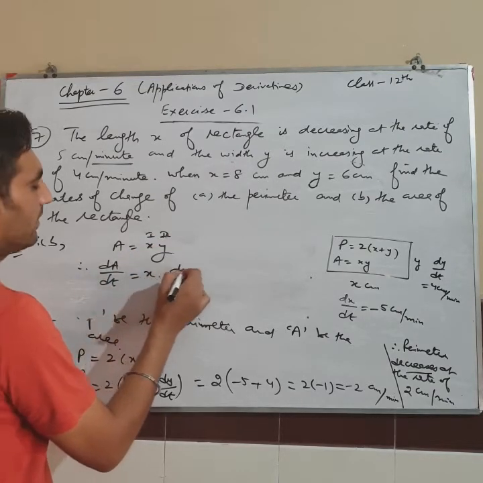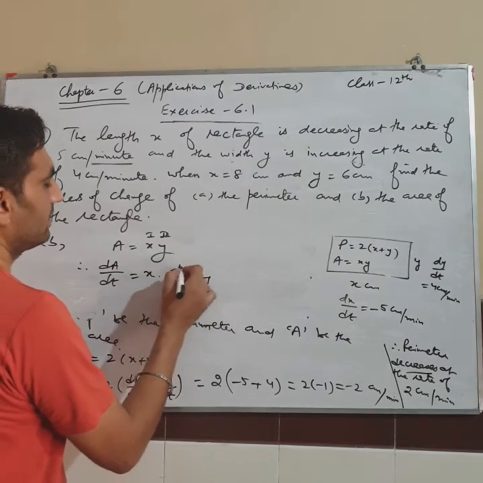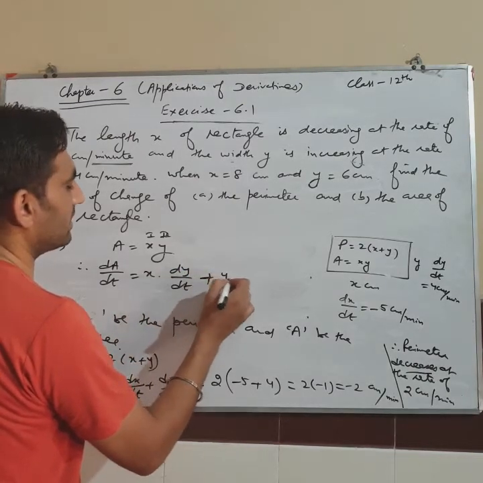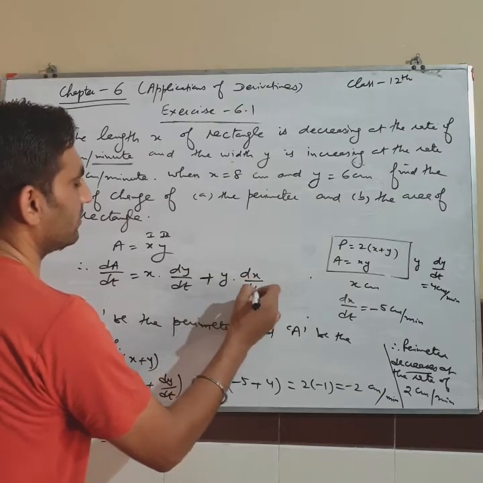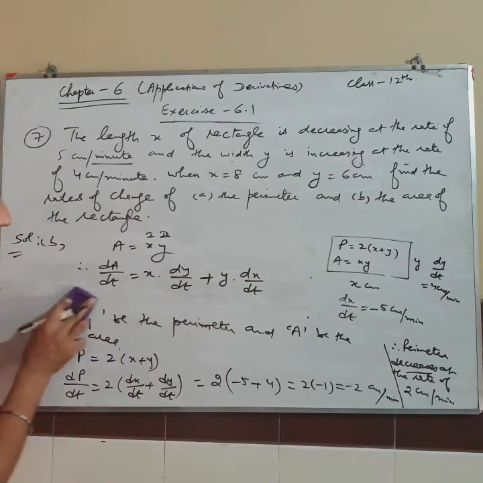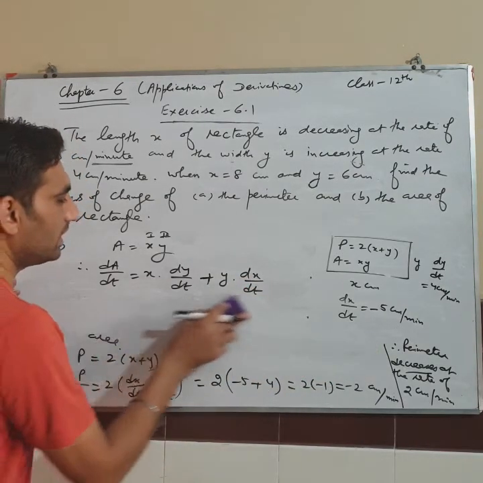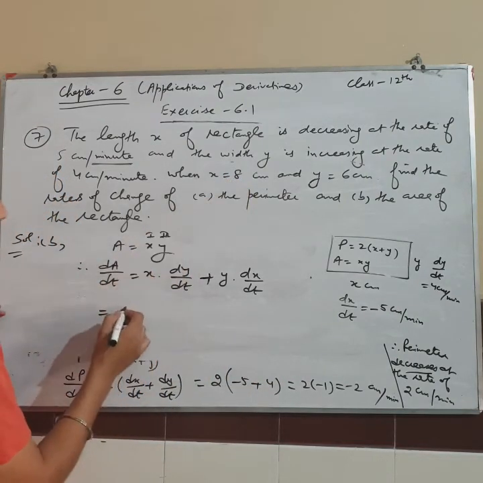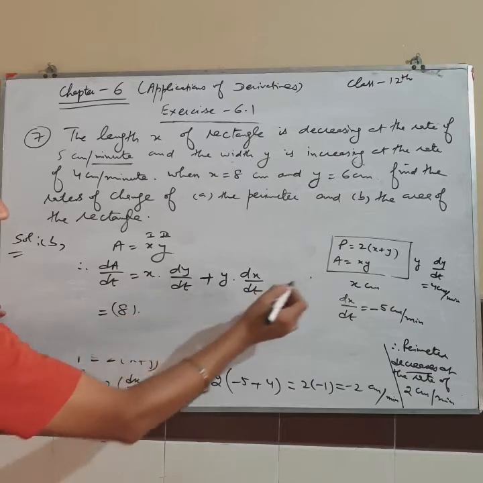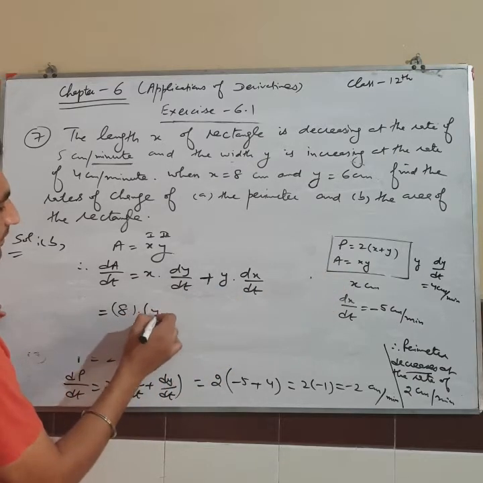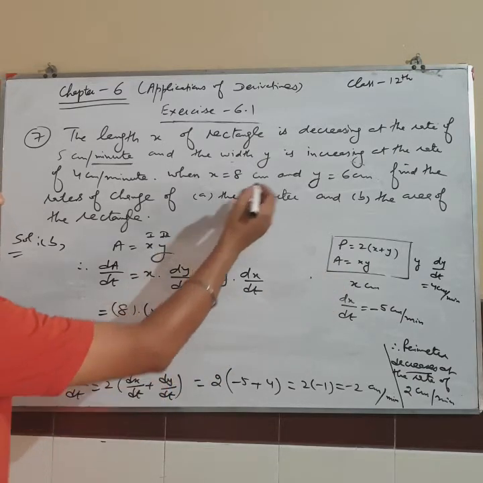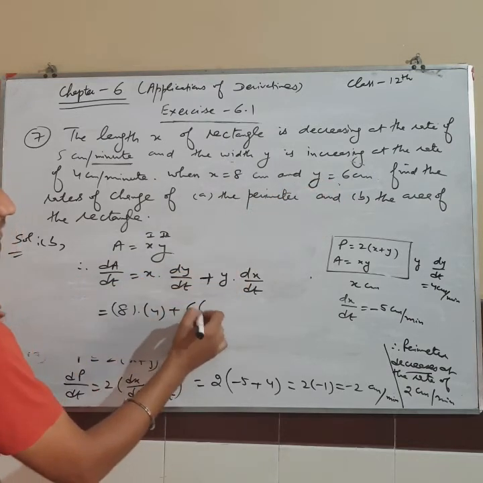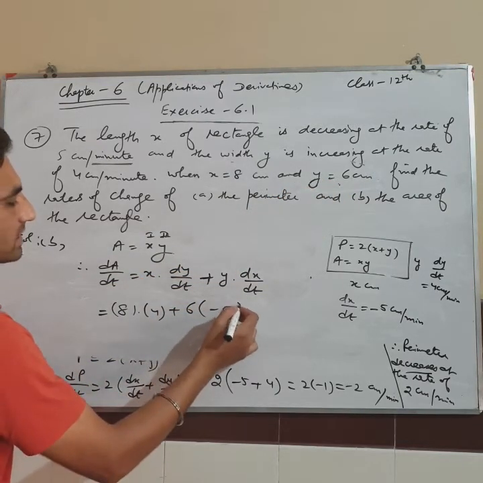First as it is, derivative of second, then second as it is, means y as it is, derivative of first, means dx over dt. Now we have to find our answer for these values given. What is x? 8. And dy over dt is 4. Then plus y, which is given as 6, and dx over dt is minus 5.